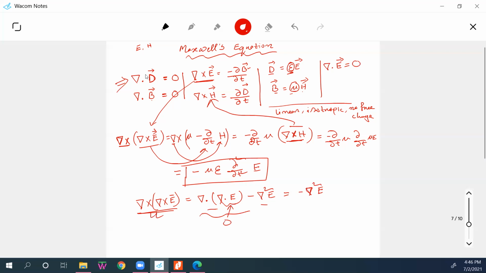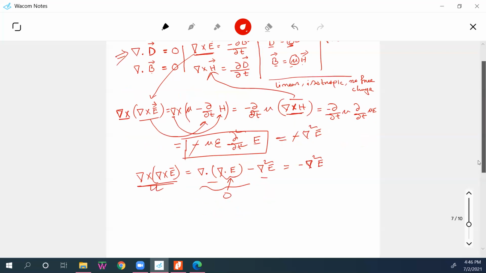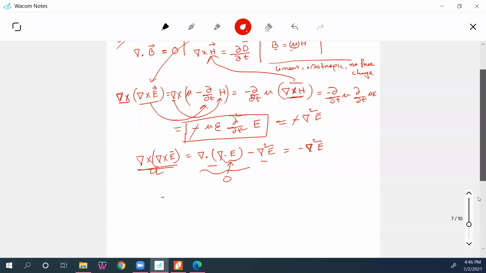So we can remove the minus. So this is for the electrical field. We can write that the divergence squared of E equals mu psi d square by dt square E for the electrical field.